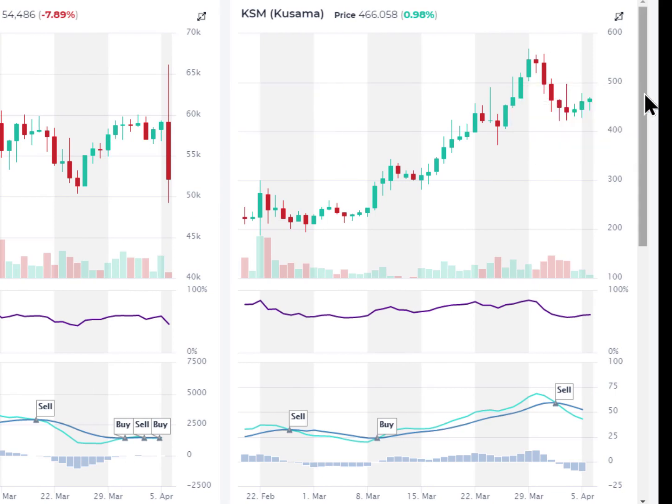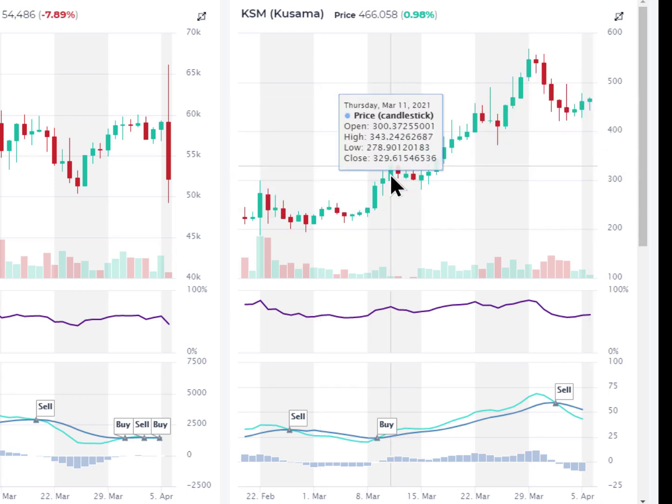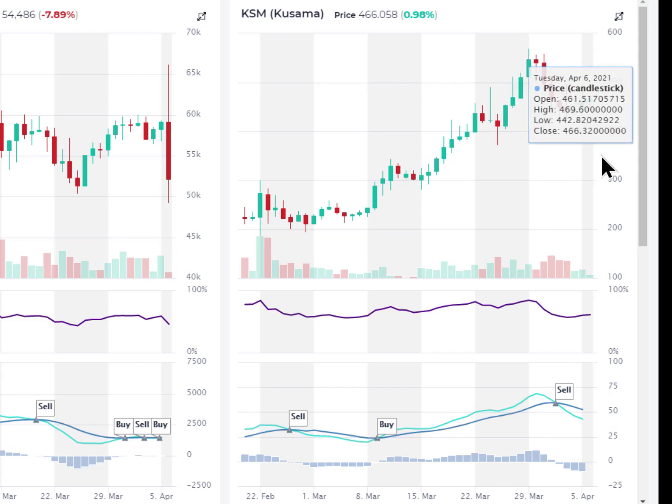Then I look at this one, Kusama, a very popular DeFi name. Also has had a great uptrend, a series of higher highs and higher lows, a textbook definition of an uptrend, and a pullback of at least 10% here from 550 to, call it, now about 450. Interesting situation.